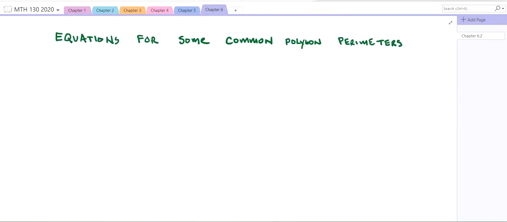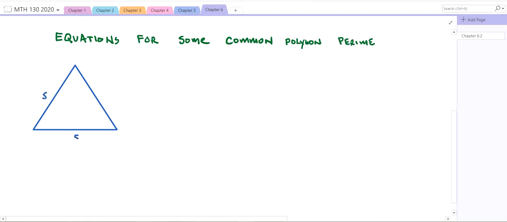We can come up with equations for some other common polygon perimeters. Let's start with an equilateral triangle. Here we have 3 equal sides. So the equation for our perimeter is going to be side plus side plus side.